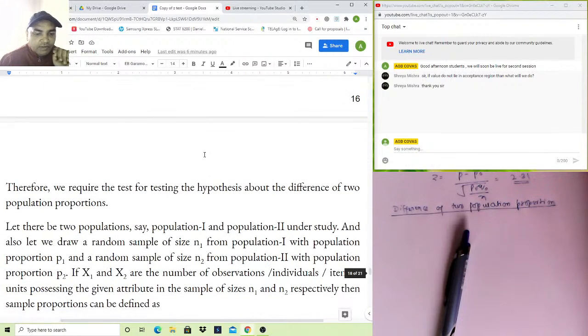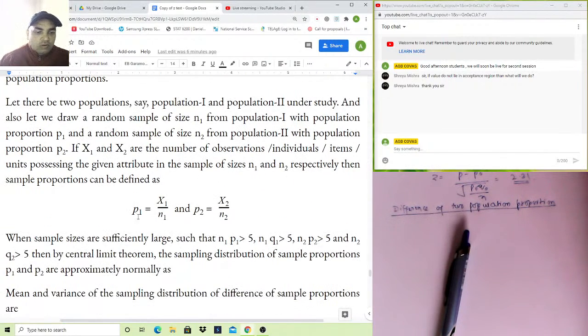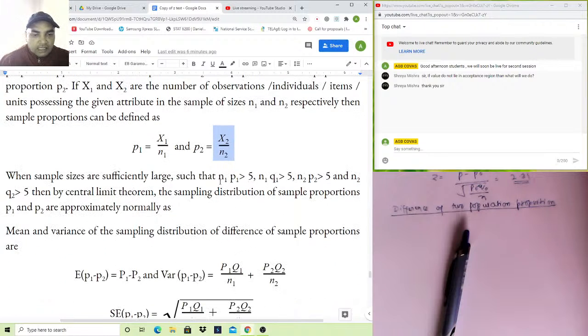The proportion for the first population will be x1 successes out of n1 samples, and for population 2, x2 successes out of n2. Again, n1p1, n1q1, n2p2 and n2q2 should all be greater than 5. Then we can apply the central limit theorem.